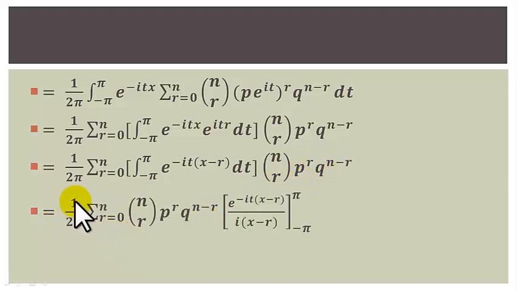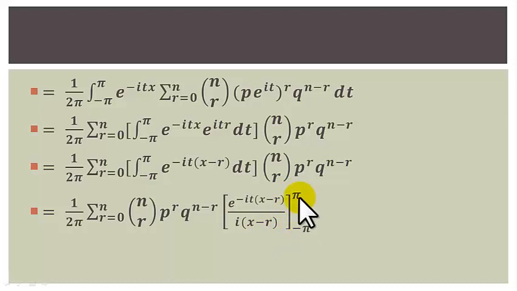And this is equal to 1 over 2 pi, summation r from 0 to n, combination r, p to power r q to power n minus r. Evaluating this integral with respect to t will give us exponent minus it into x minus r all over i into x minus r, and the limit of integration is from minus pi to pi.